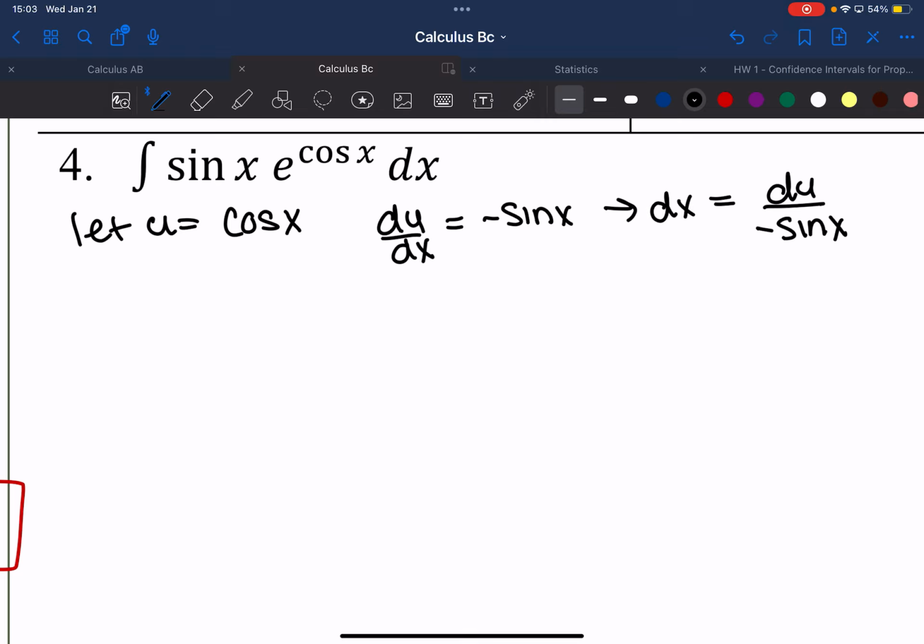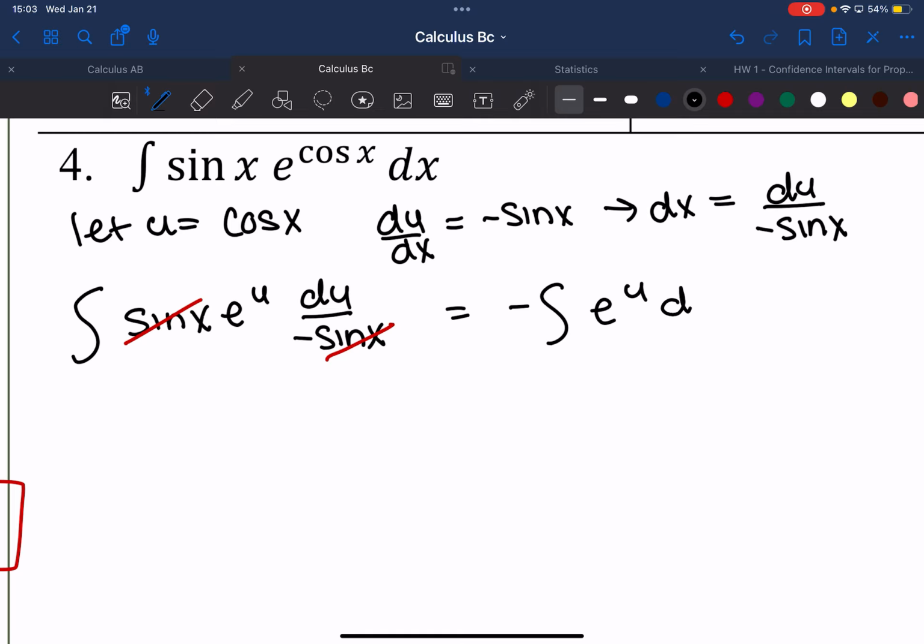Because what's going to end up canceling? The sine x. So then I do the integral of sine x e to the u du over negative sine x. Sine x cancels. And then what should I do with that negative? Bring it to the outside. So I have negative integral e to the u du.